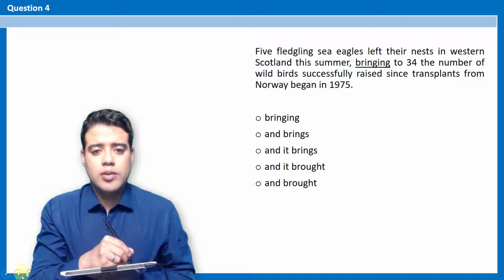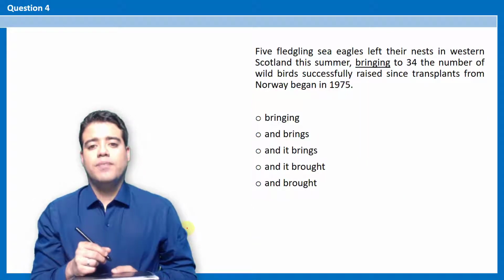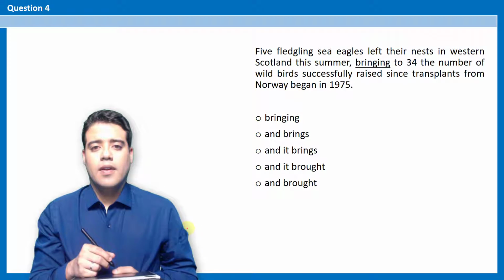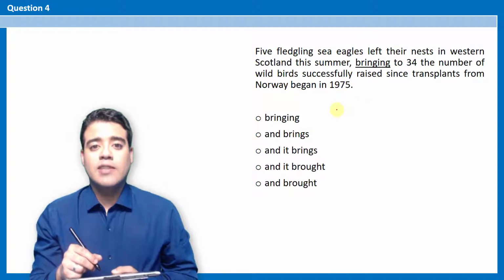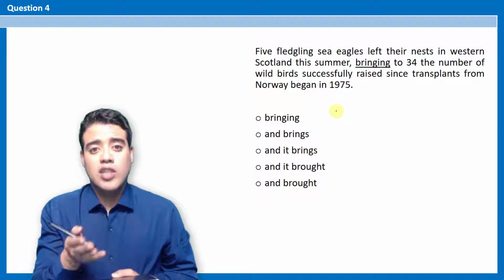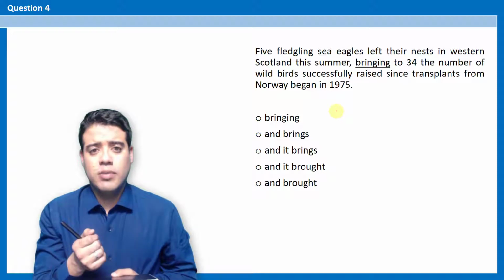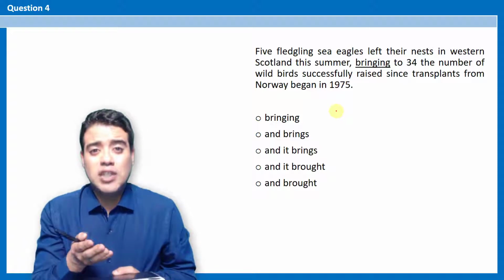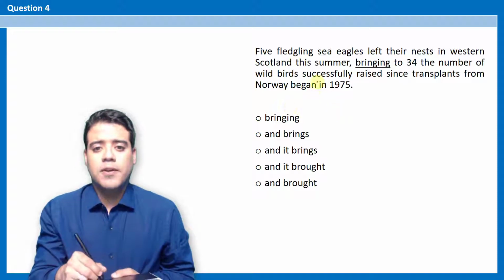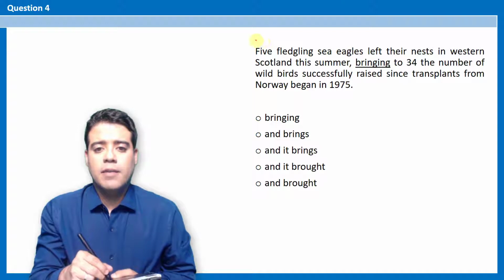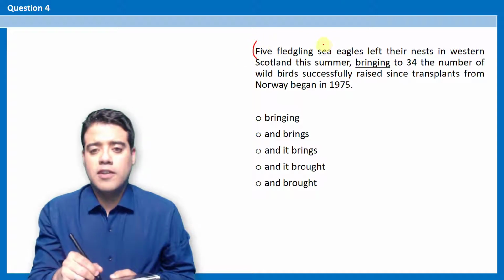Let's move on to question number 4. When the ing is after the subject verb, it can represent usually a consequence, and sometimes it represents an explanation of the previous clause. But most of the time it's a consequence of the verb. So right here my subject is 5 fledgling sea eagles.